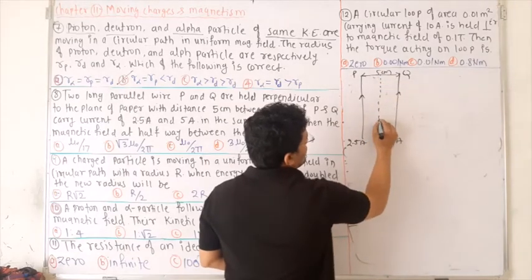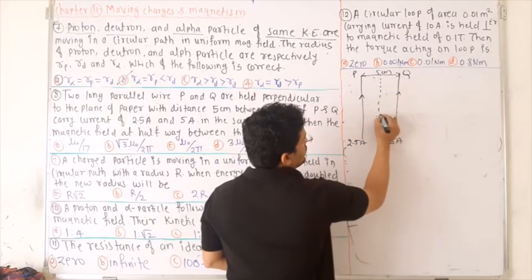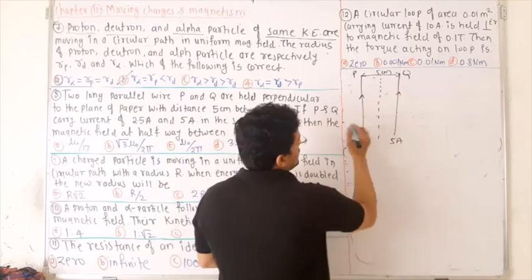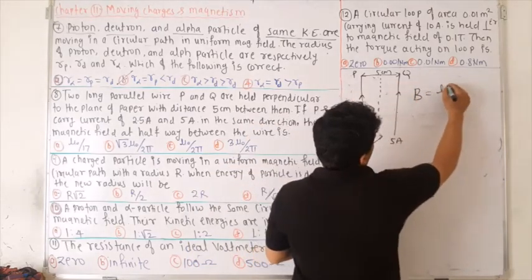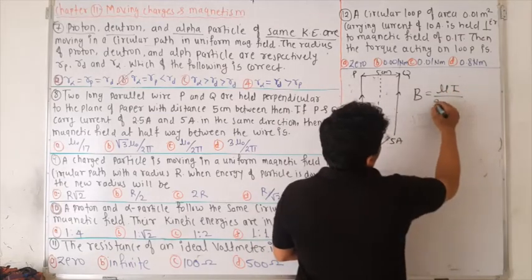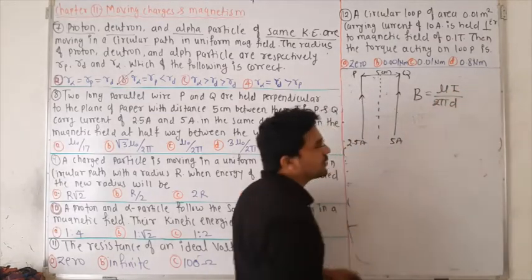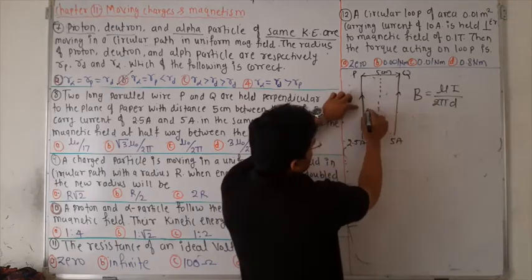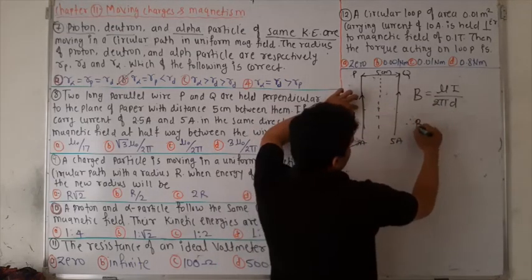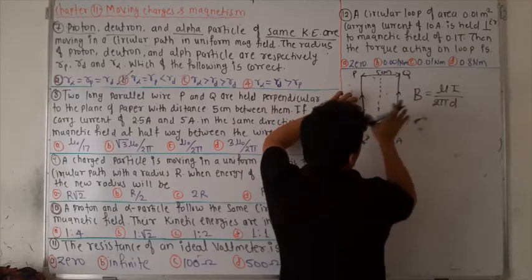Halfway means 2.5 centimeter from this side and 2.5 centimeter from this side, correct? So we know the magnetic field due to a long wire is given by B equal to mu naught I divided by 2 pi d, and d is nothing but the distance from that conductor. So apply this equation for both the conductors.